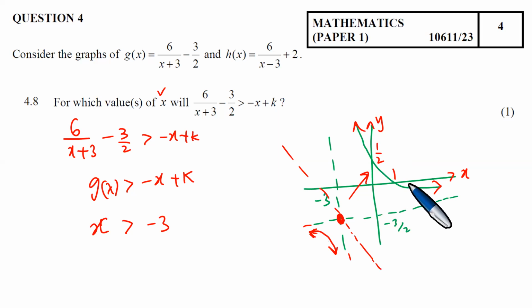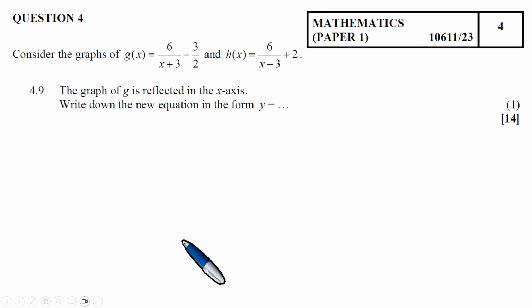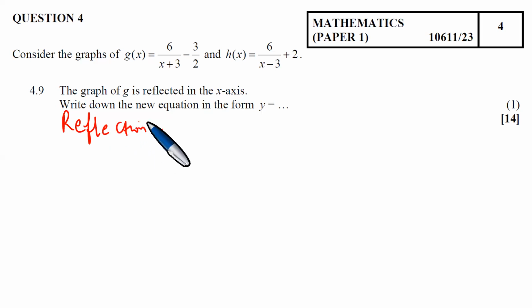Okay, next question. The graph of G is reflected in the x-axis. Okay, write down the new equation. So we speak of a reflection. I'm going to give a general rule here. Reflection in the x-axis. Right, reflection in the x-axis means what?